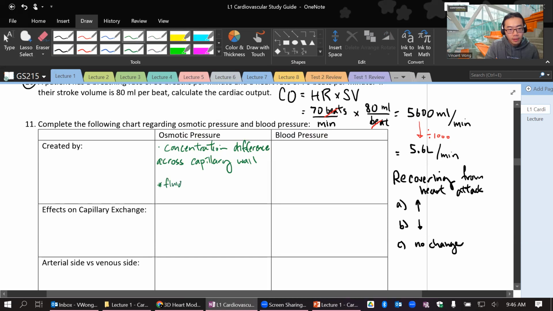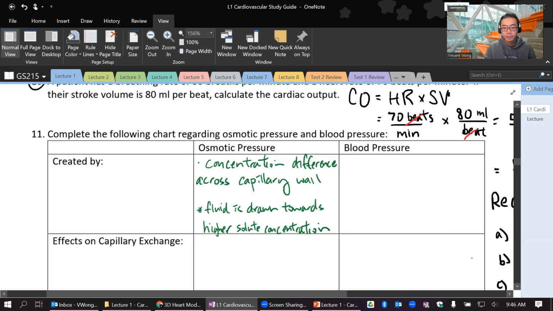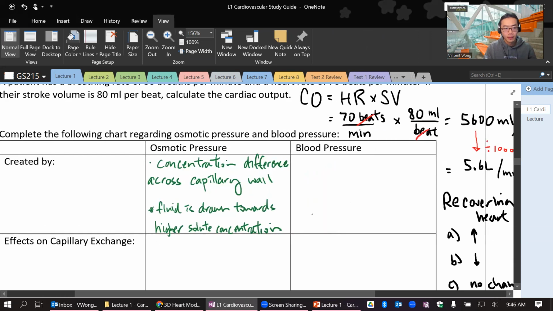Fluid is drawn towards higher concentration. Okay. That's the osmotic pressure.